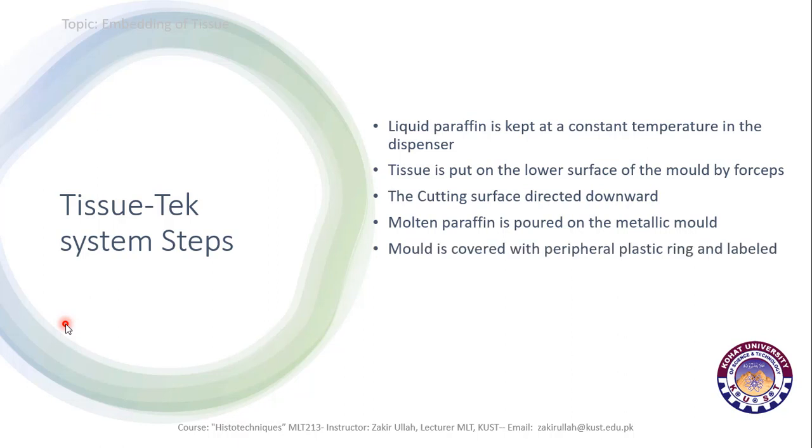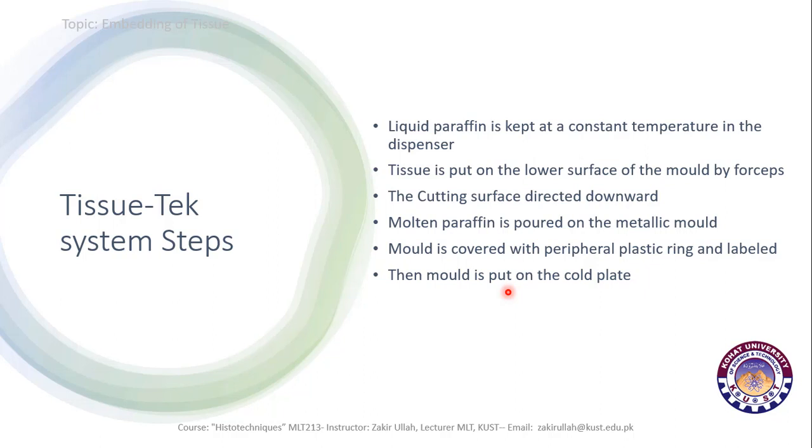After pouring the molten paraffin wax in that mold, it is covered with a peripheral plastic ring, and after covering it is labeled.